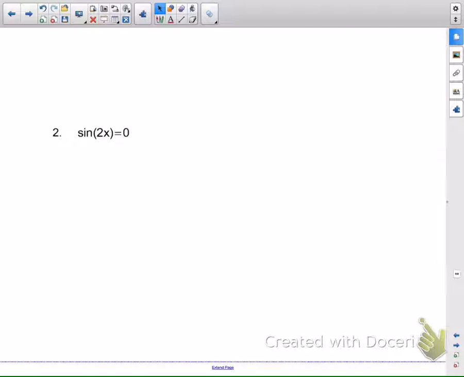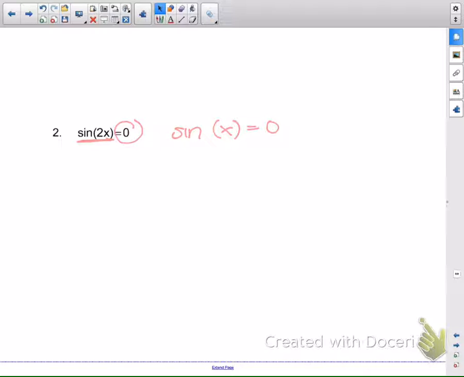And so the reason I don't have to make a substitution there is because I only have one term, right? If I was solving this, I'd be saying, okay, where is sine equal to 0? The only difference in this problem and this problem is the 2, right?